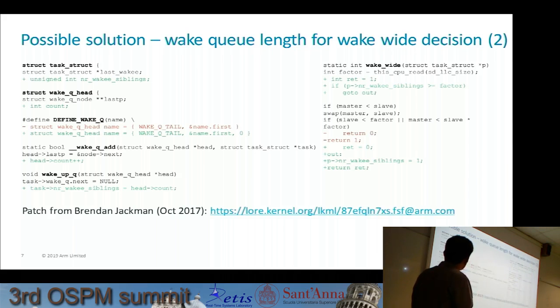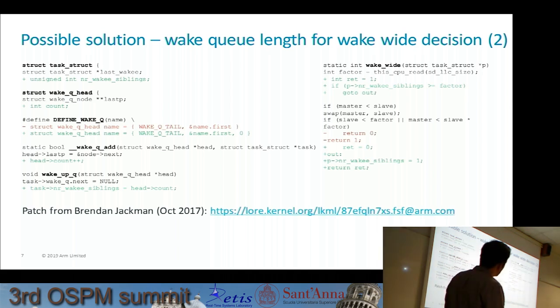The task struct has this number of wakee siblings field. The wake queue, when it's initialized by the user of it, will initialize this count field to 0. When we add somebody to the wake queue, we increment the count. When we wake them up, the task gets this information, and this information of the head count is then propagated into the wake_wide function.